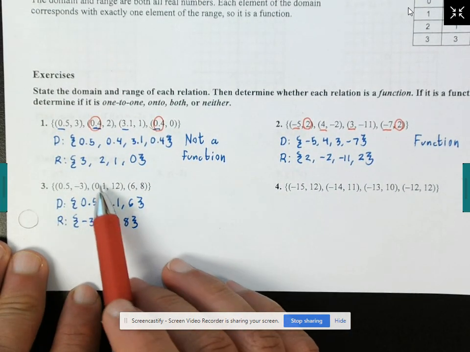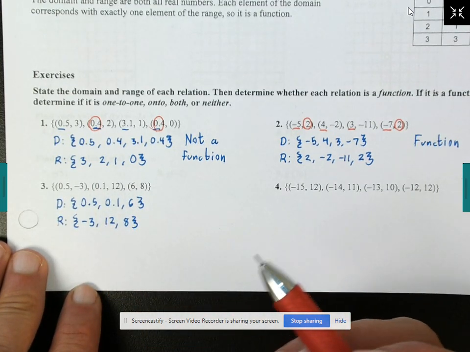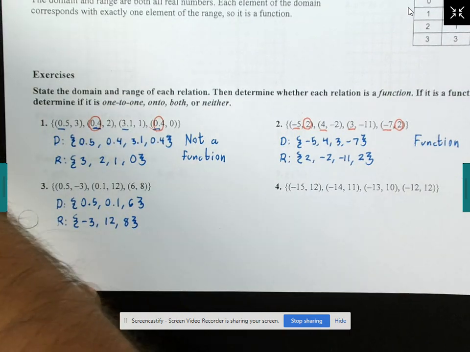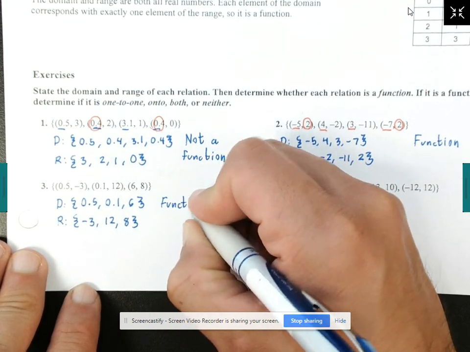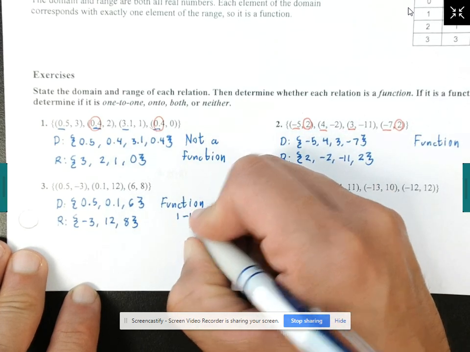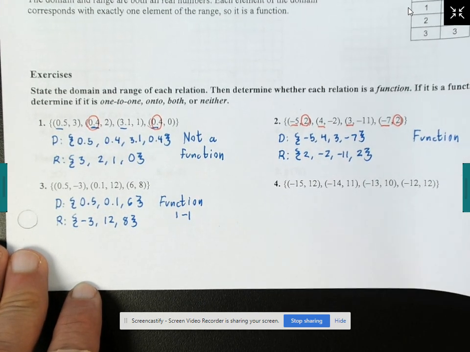Now all the y's don't repeat either. So this is going to be a function, but it's also going to be a one-to-one function. Essentially what you need to know is that for a one-to-one function, only one x can go to one y.